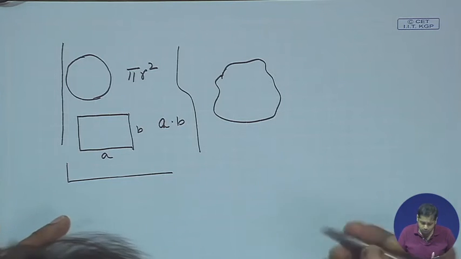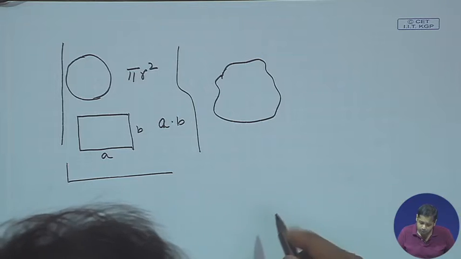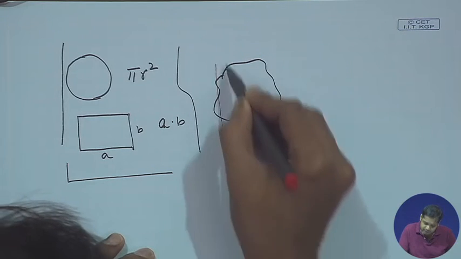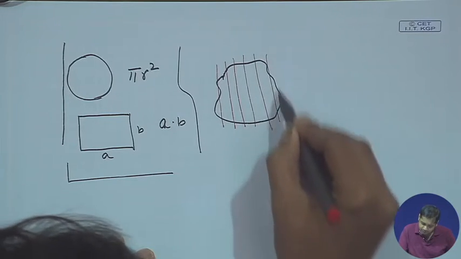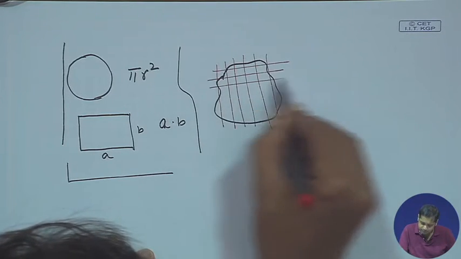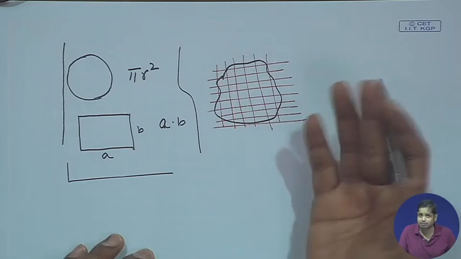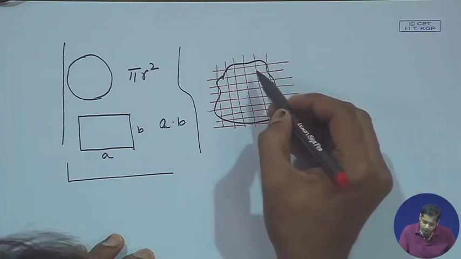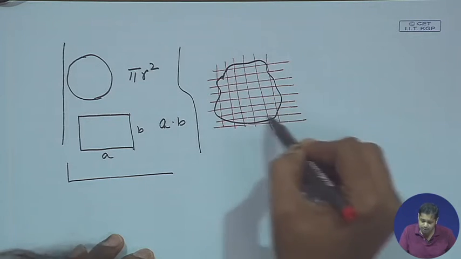One thing we can do, I'm sure you all know this, is divide the entire area into smaller cells of regular rectangles or squares like this. We have probably done this many times in school. Now we know the area of each square, and then we count how many squares we have.